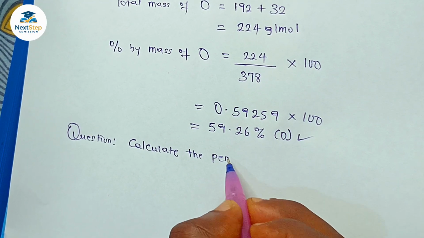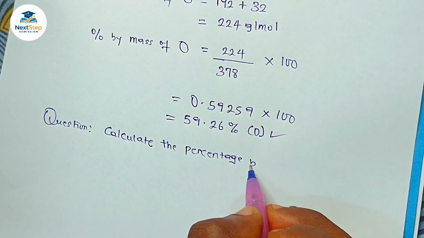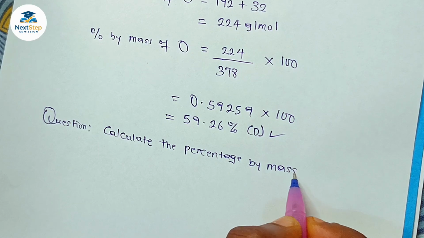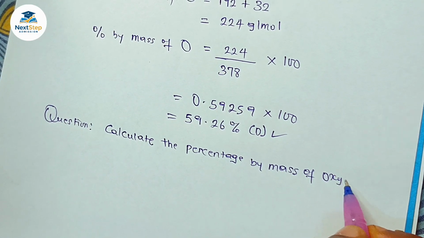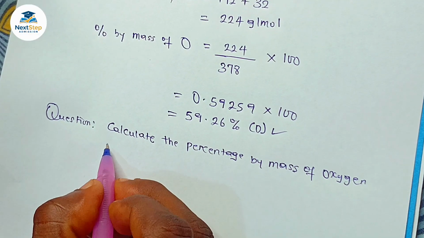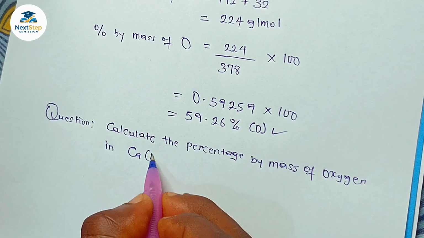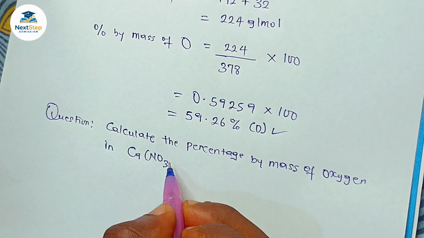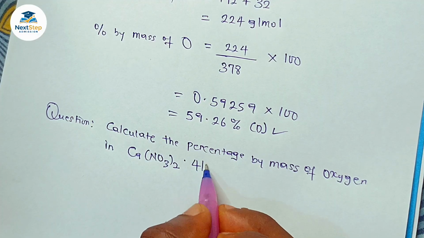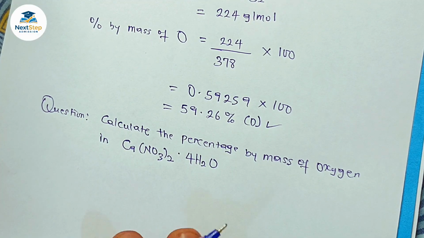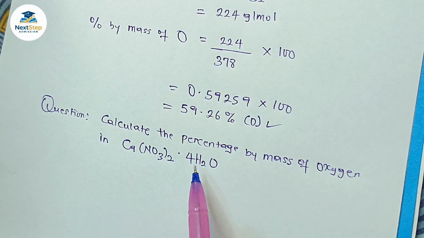Calculate the percentage by mass of oxygen in Ca(NO3)2.4H2O. Okay, so you can call the name of this compound calcium nitrate tetrahydrate.